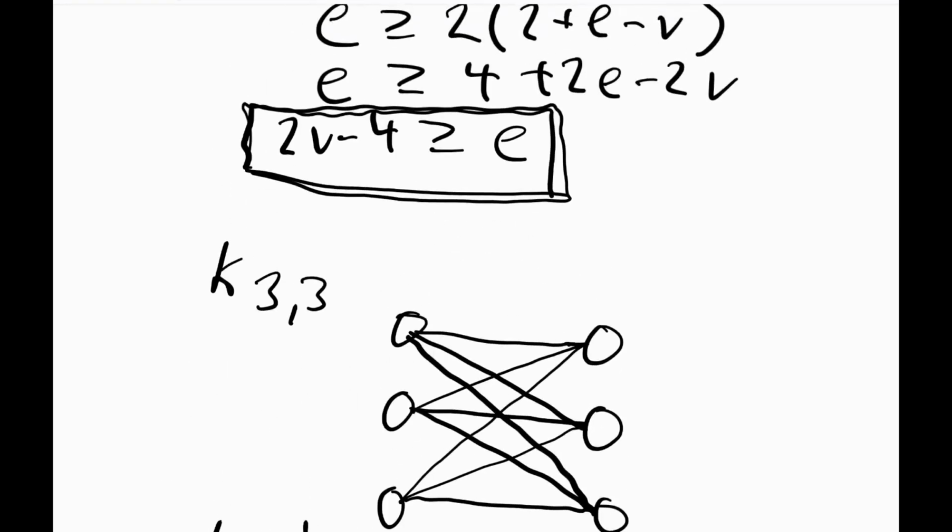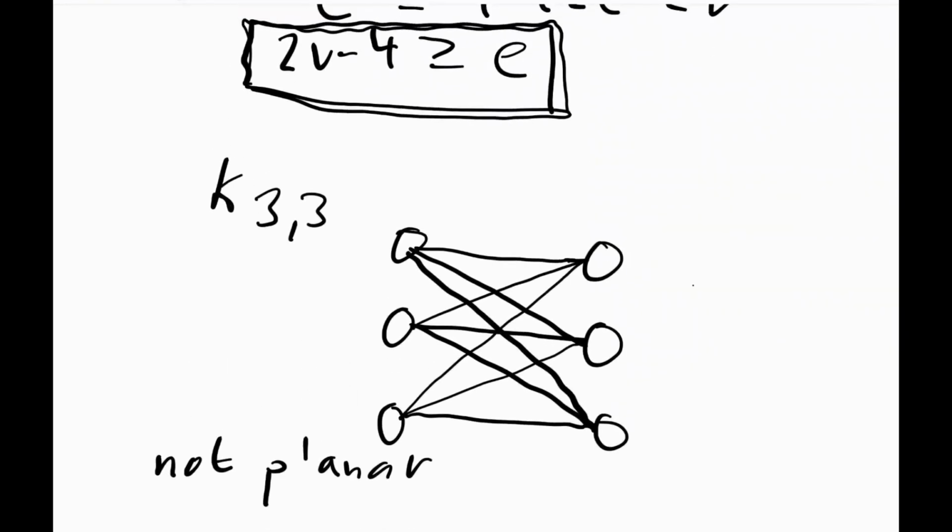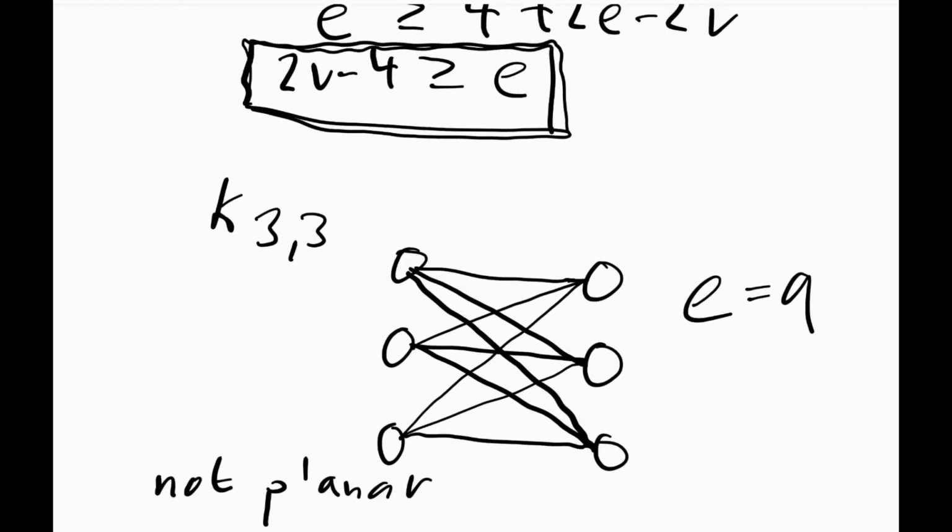So we can directly apply this formula and count the number of edges. That would be 9, because 3 vertices on the left side are each connected to 3 vertices on the right side. It's K3,3, so 3 times 3 edges. The number of vertices is easily counted directly: there are 6 of them, so v equals 6.